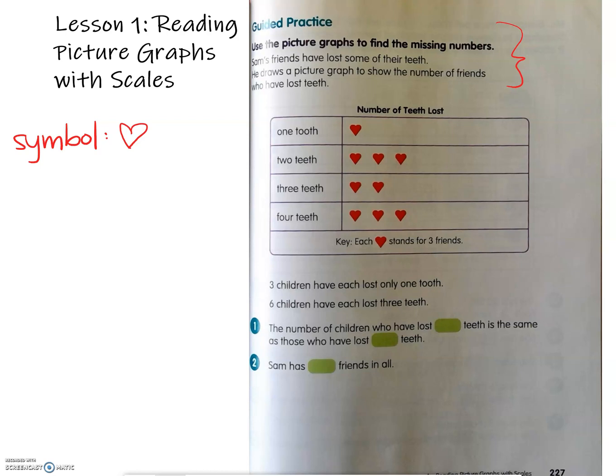And each heart stands for 3 friends, like it says right here. Now, based off of that, you can see how many people lost 1 tooth, 2 teeth, 3 teeth, or 4 teeth. Let's try answering the questions.